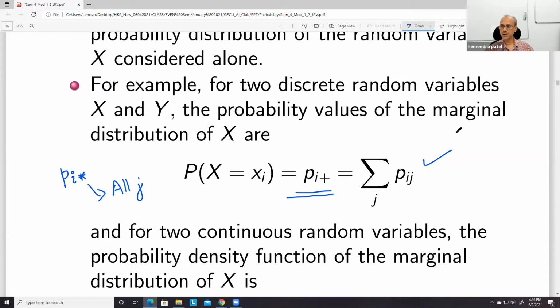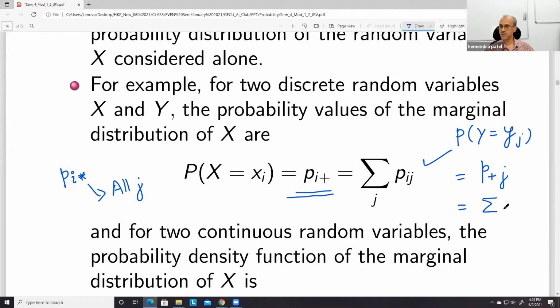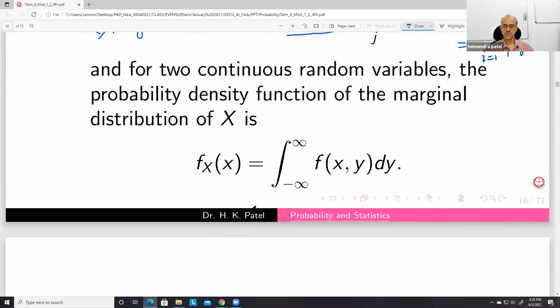Similarly, if you want P(Y=yj), it will be P plus j, which means sum with respect to all i, where i equals 1, 2, maybe n, and j is fixed. So these are marginal probability distributions.